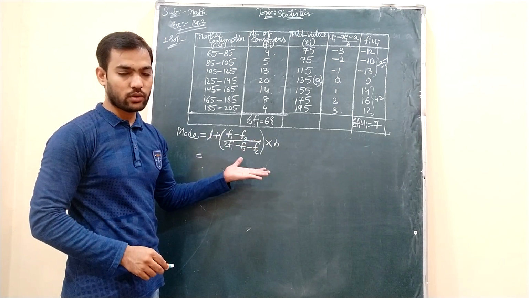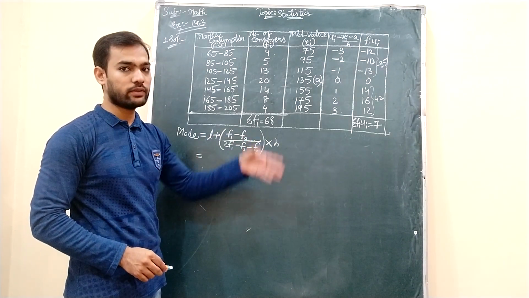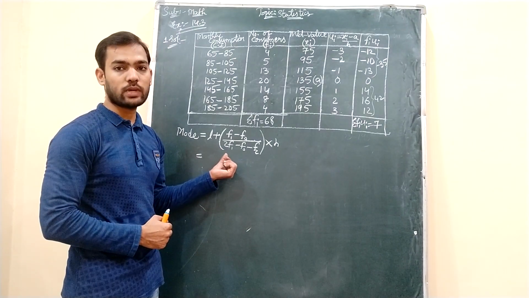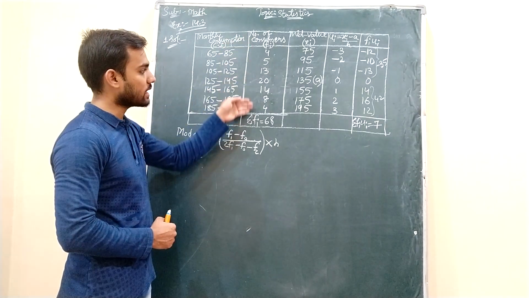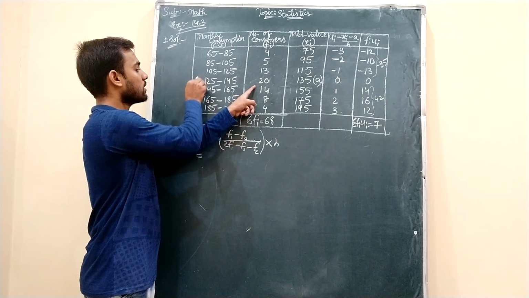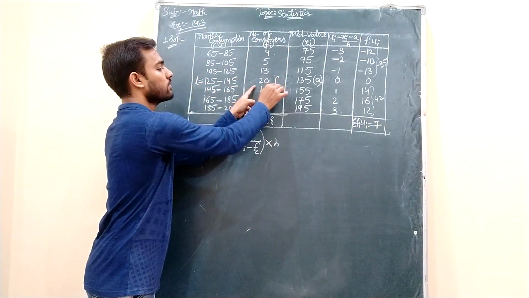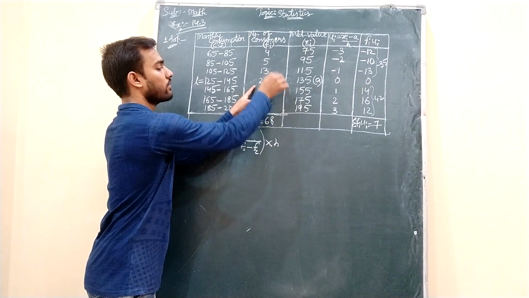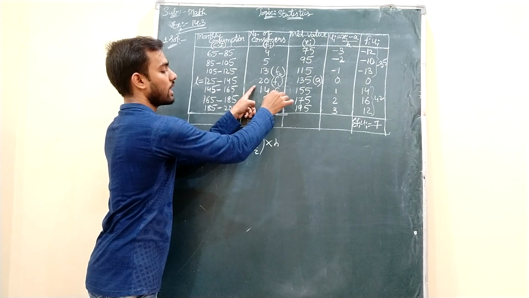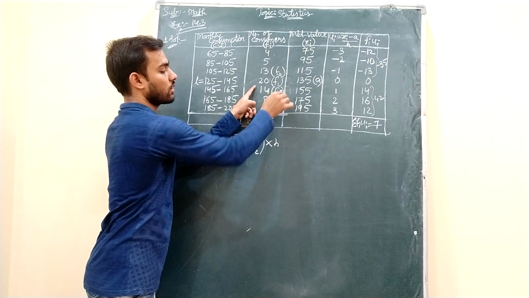In median, just now we have seen we will do n by 2 and we will check in the cumulative frequency column, whereas here in mode it is very easy. You need to see the biggest number. This is the biggest number. So this is your modal class. Here also this is L and this will be F1. Before F1 is F0 and after F1 is F2. We got all the values.